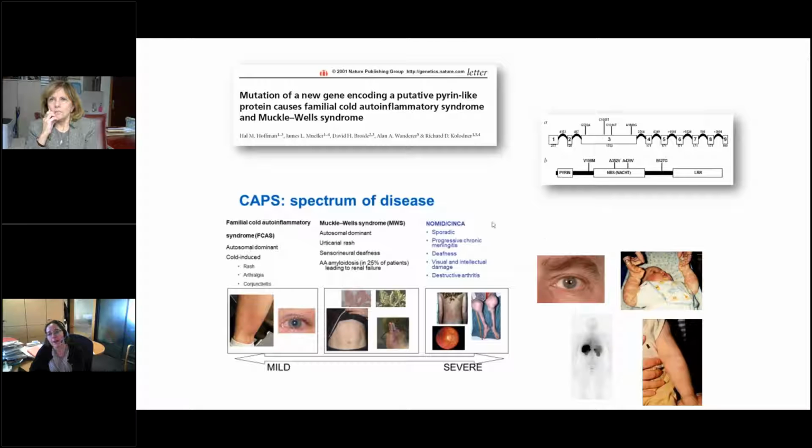Mutations commonly occur in exon 3 of NLRP3, but can occur elsewhere, particularly in NOMID CINCA. And in mid-spectrum disease, autosomal dominant inheritance is common, but again, only about 60% of our patients will have a family history.